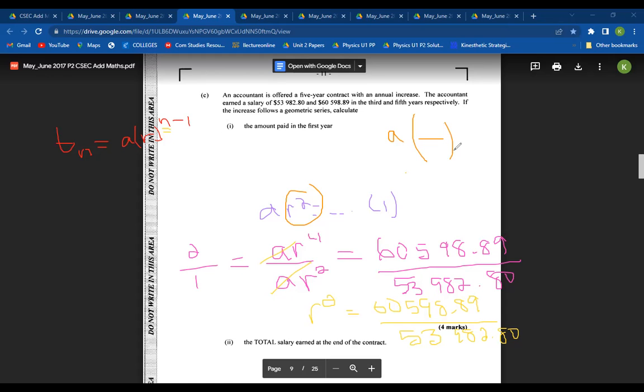You write out the fraction. And this will give me that whole long number, 53982.80. And all you have to do now simply is make A the subject, aka transpose to find A. Can you tell me what answer you get for A?